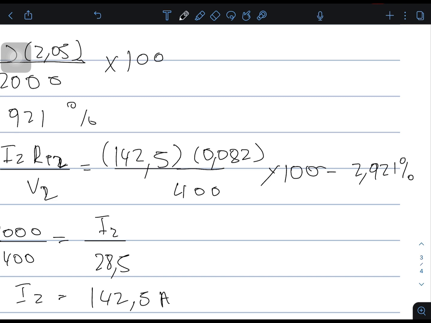It's still the same answer, but choosing to refer the primary winding to the secondary side is a longer calculation.